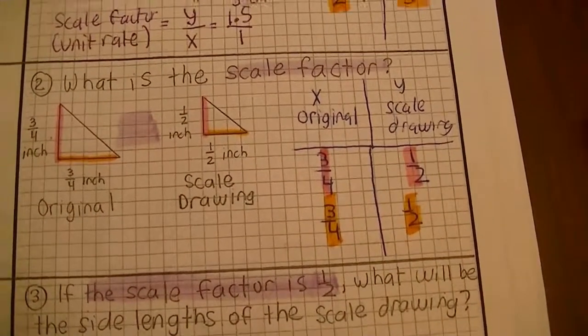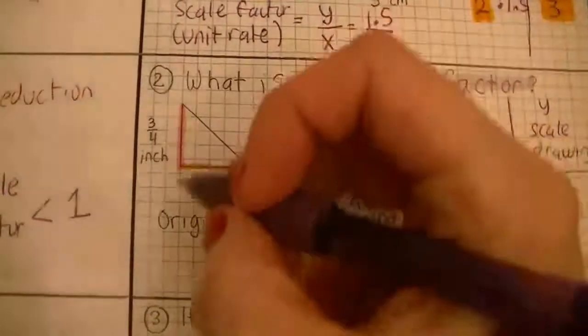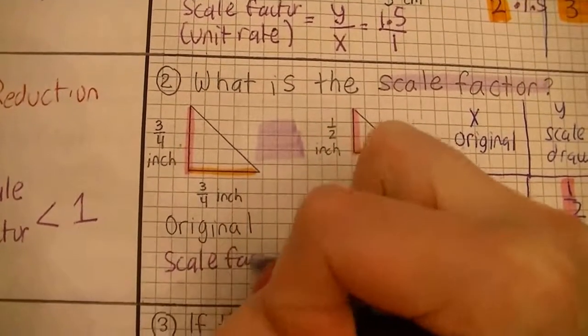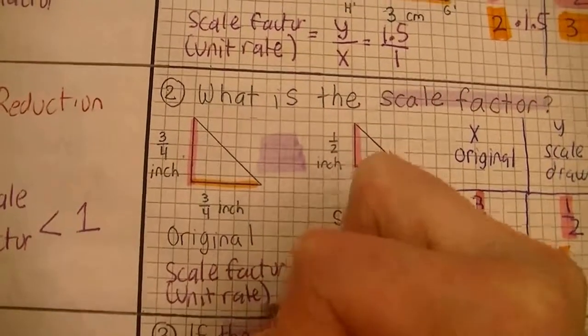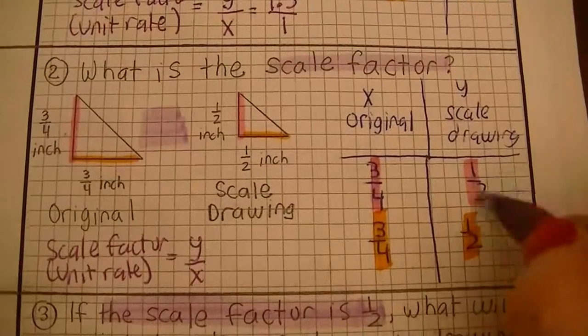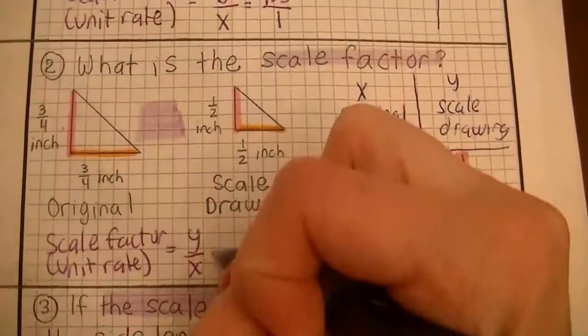All right, let's go ahead and determine the scale factor. And remember, scale factor, you find just like you would the unit rate because it's the same thing. Let's go y divided by x, and y is 1/2. You can do 0.5 if you want because 1 divided by 2 is 0.5.